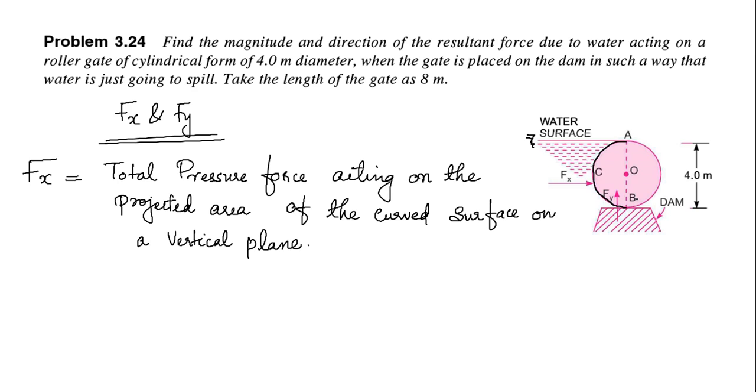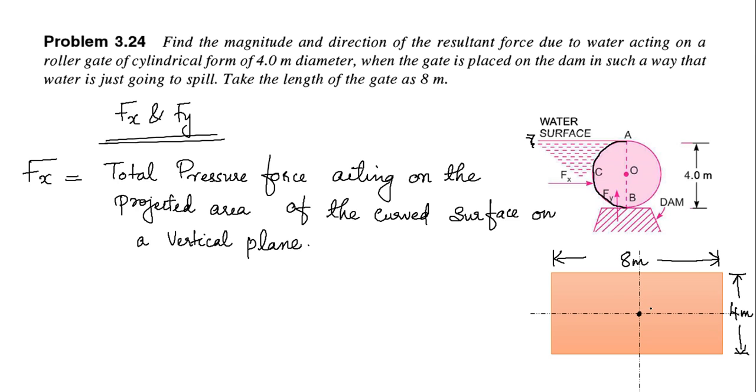So when we project this curved surface in a vertical plane, we can see a rectangle whose one dimension will be diameter of the cylinder and the other dimension will be length of the cylinder. And we will mark the center of gravity of the projected surface. And let h bar be the position of center of gravity from the free surface.